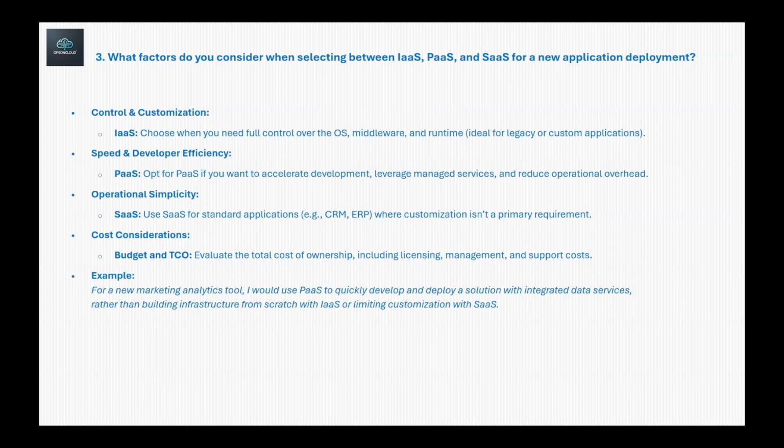And cost consideration is driven by budget and TCO. Evaluate the total cost of ownership, including licensing, management, and support costs. For example, for a new marketing analytics tool, I would prefer to use PaaS. Why? Because it lets me quickly develop and deploy a solution with integrated data services rather than building infrastructure from scratch with IaaS or limiting customization with SaaS.